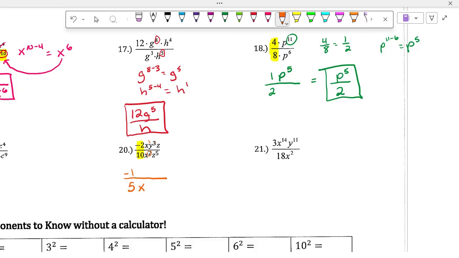There's no other y's besides what's in the numerator, so we keep y cubed. And then z to the first and z to the 5th, we do 5 minus 1 because bigger minus smaller. That'll give us z to the 4th, and since the bigger exponent's in the denominator, that's where we keep it. So if I clean this up a little more, it'll be negative y cubed over 5x z to the 4th.